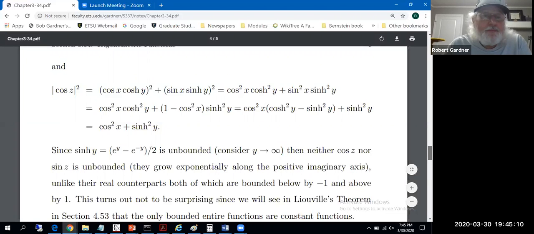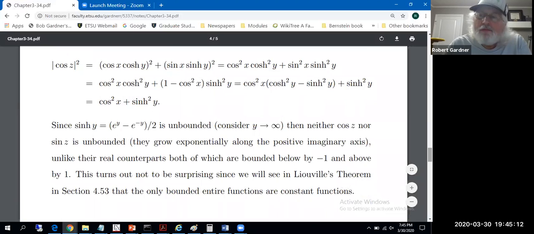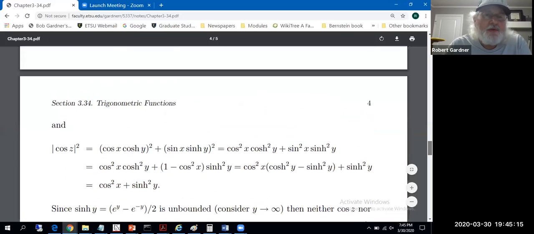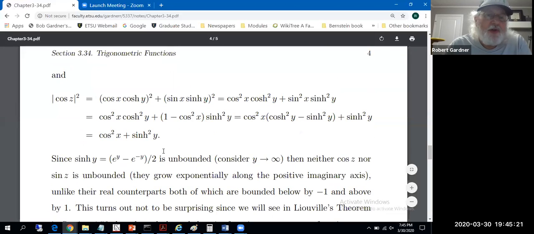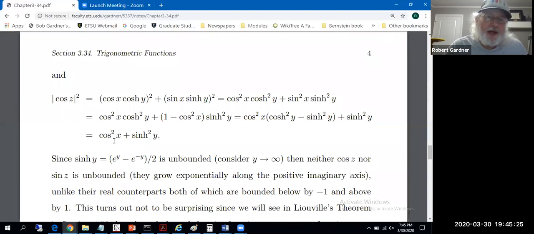Now, these hyperbolic trig functions: we had a sinh squared y in both of these. One involved a cosine squared x and the other involved a sine squared x. But we pick up this part, which must be the contribution of the imaginary part to the modulus.